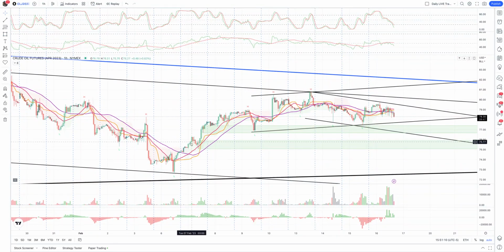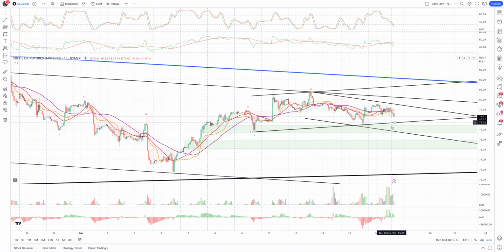Okay. Price had a bit of indecision here. In fact, I could even move it back here if I wanted to this price action. And I could say price was indecisive, rallied, came back, found support, and rallied again.